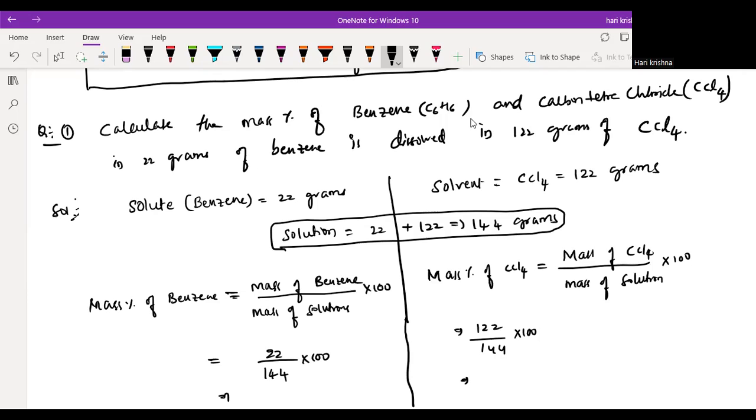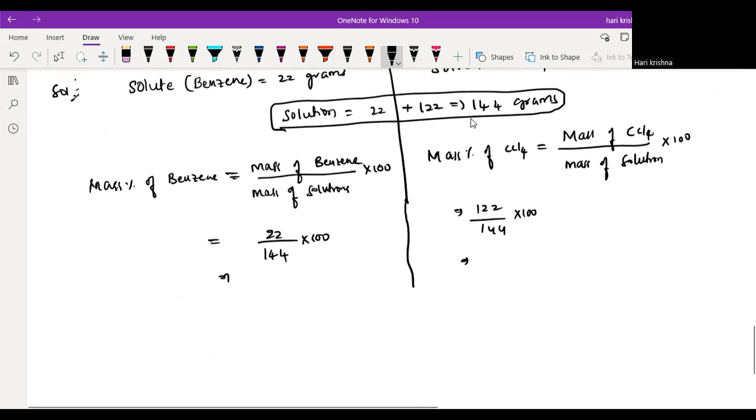What is the answer? Tell me the answer. How much time will it take to calculate this simple one? 15.28%.